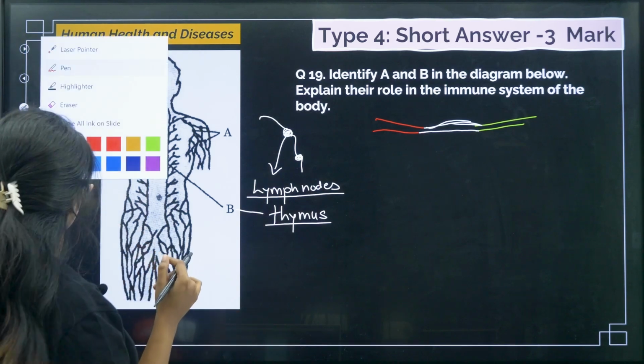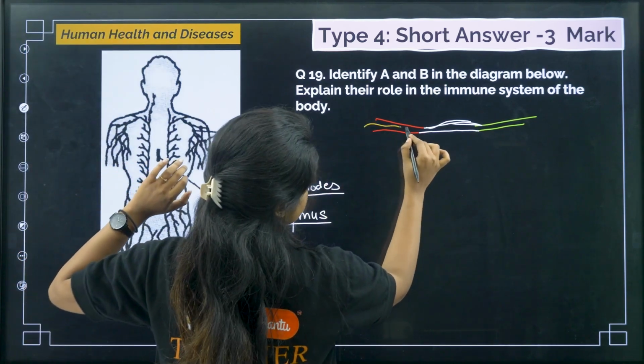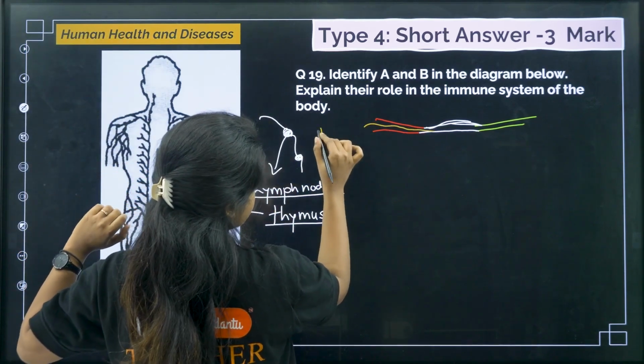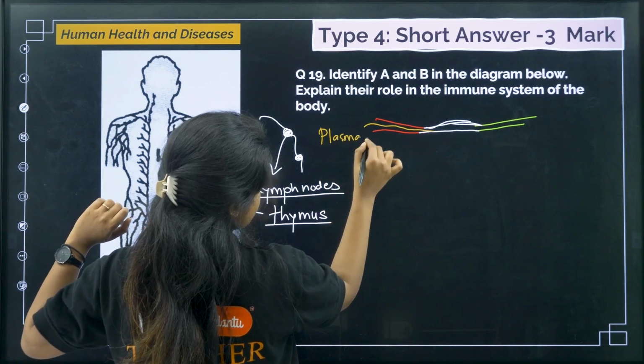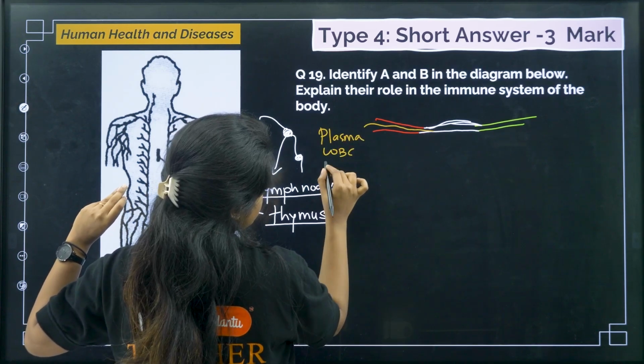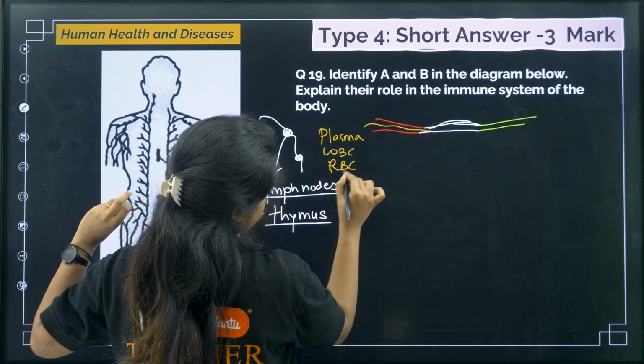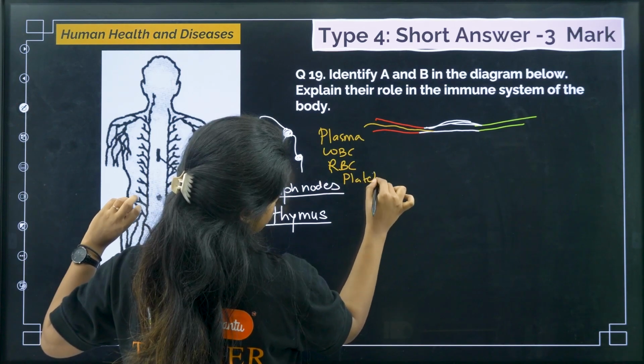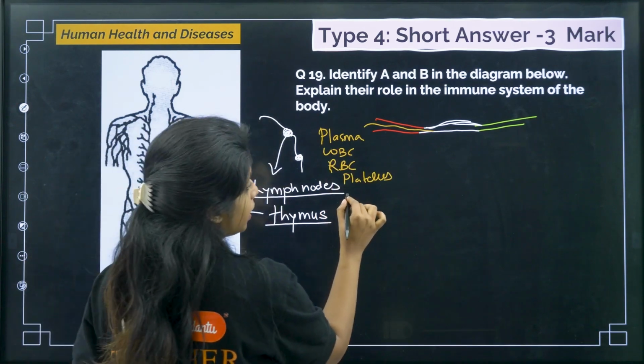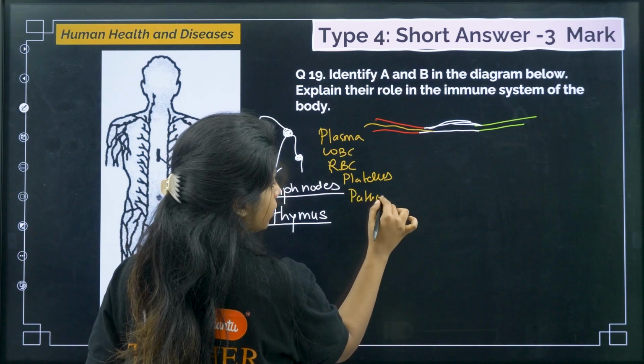So basically the blood that travels through has the plasma, the WBCs, the RBCs, the platelets. All the cells are there in the blood, and also some pathogens are moving around in our blood.